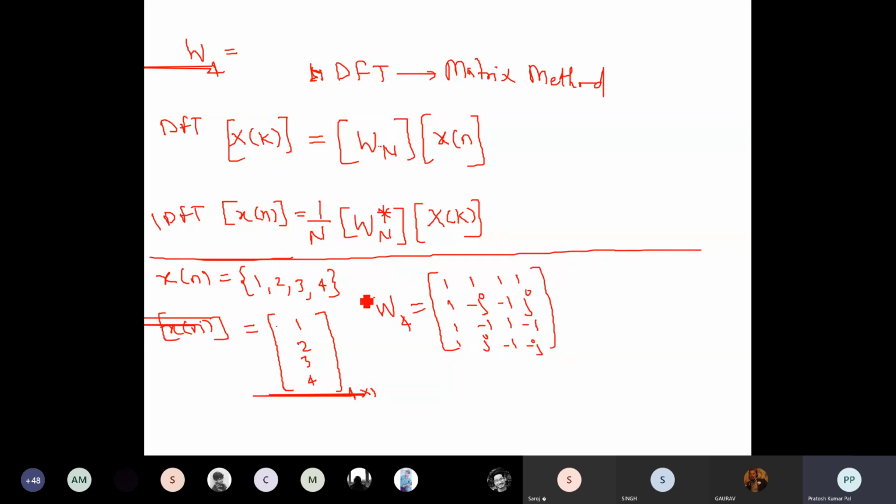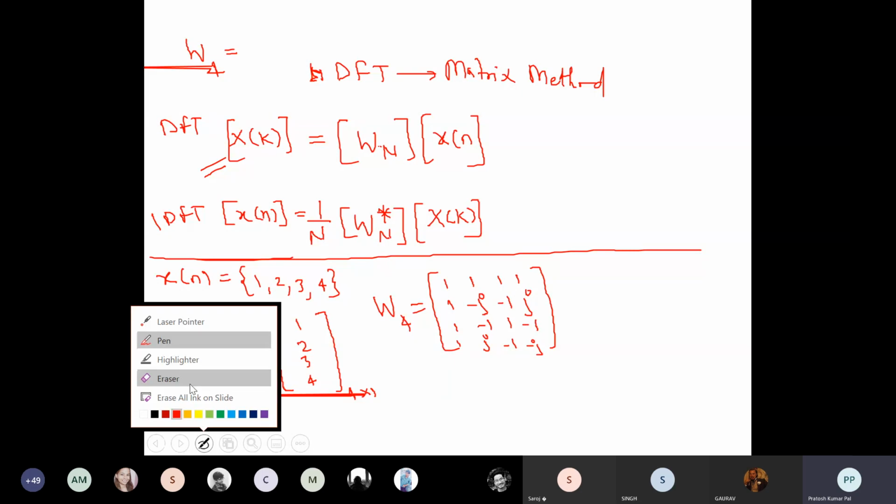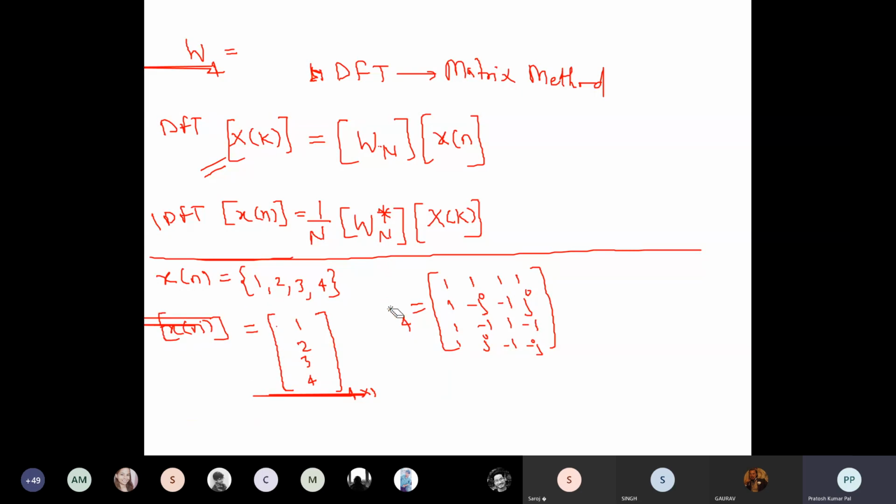So once we know these two values, we just multiply them, because after multiplication we will be getting x of k.